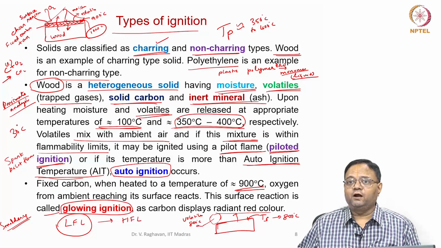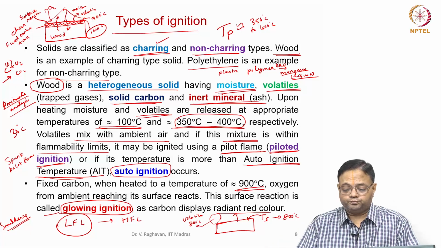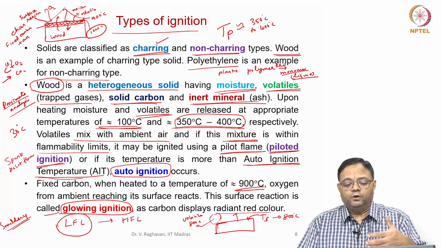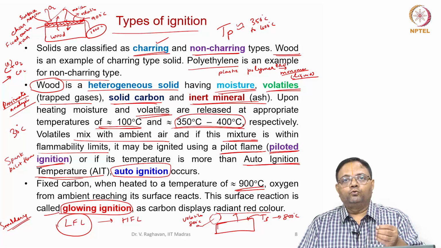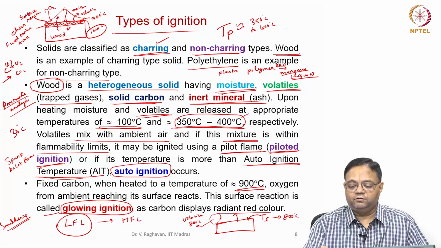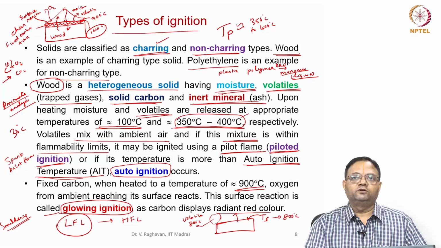So what we are observing here is, for the wood to be heated up to release volatiles, the temperature range is quite below the auto ignition temperature.